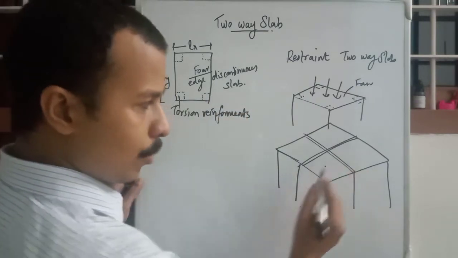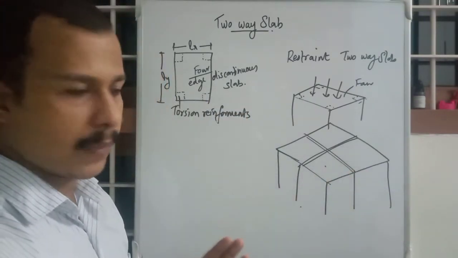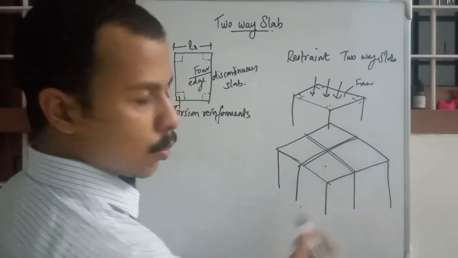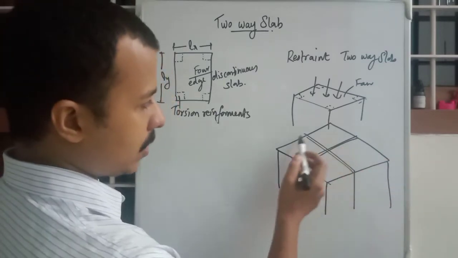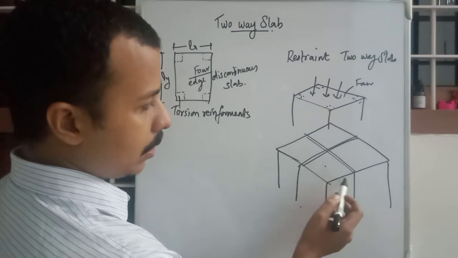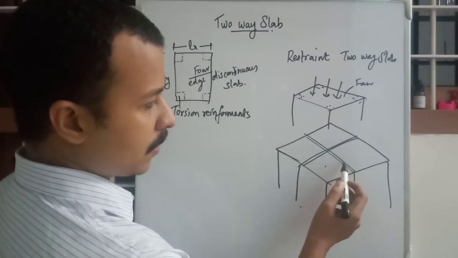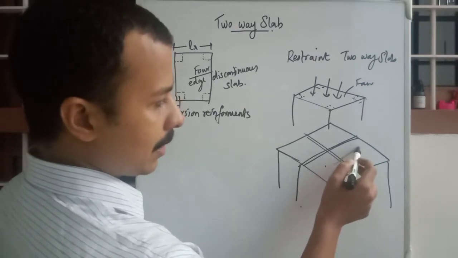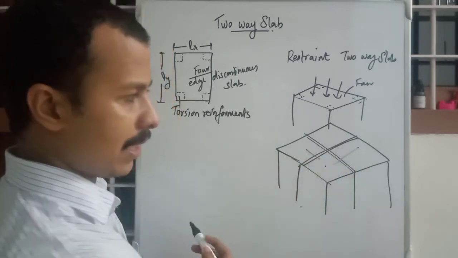In this case, how many edges are discontinuous? One, two. So this slab has two edges discontinuous. The rest of the two edges are continuous, continuing into the next slab.